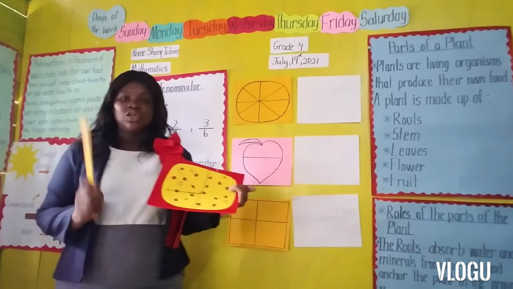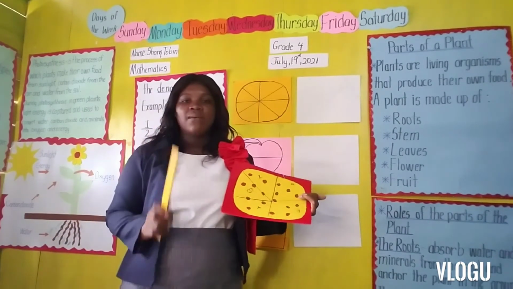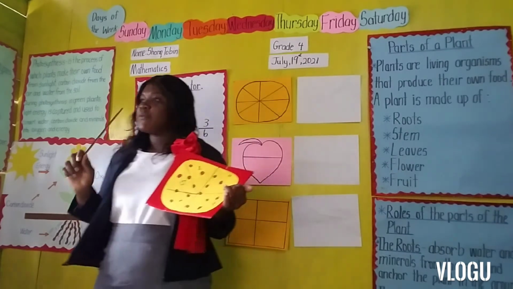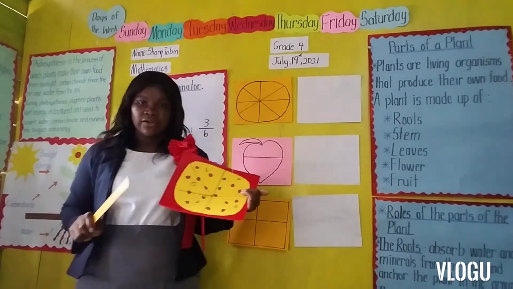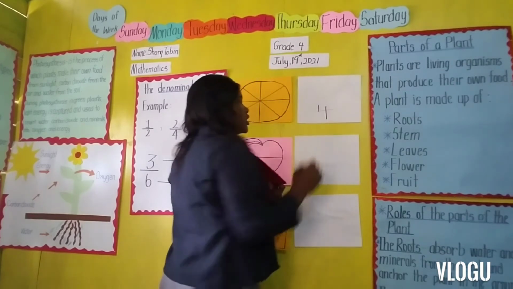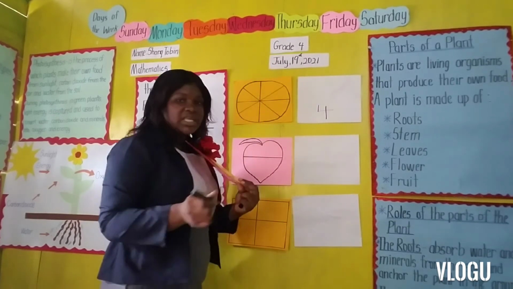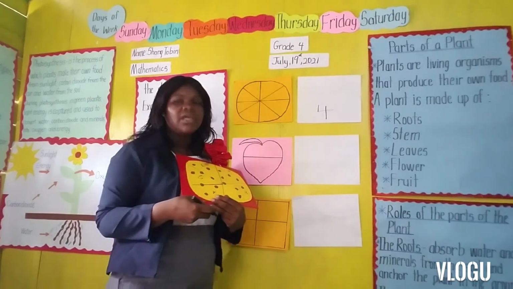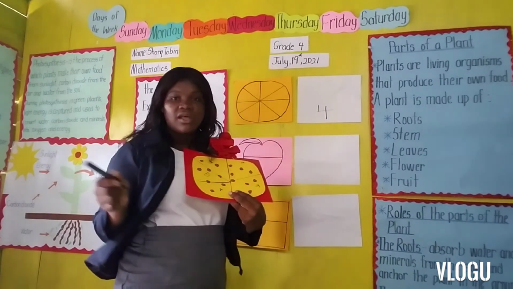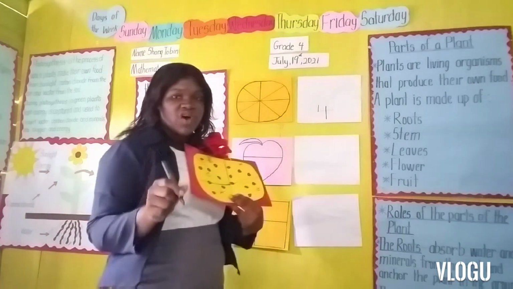Alright. And the numerator says how many parts of the whole have been taken away, removed, or shared, okay? Our sum is divided into 4. The denominator, sorry, thank you for correcting me, Thompson, the denominator being the 4.